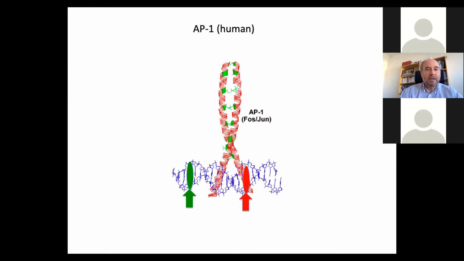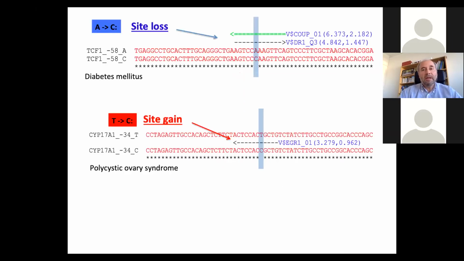So for instance, here we have the AP1 transcription factor, and in case a certain mutation or certain variant is observed in a DNA place where this protein is binding, then the site can either be gained or lost. For instance, there are known cases of variations or mutations which are actually disease causative, and they are located not in the genes.